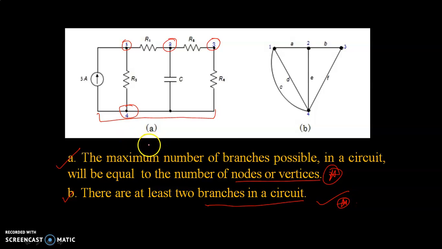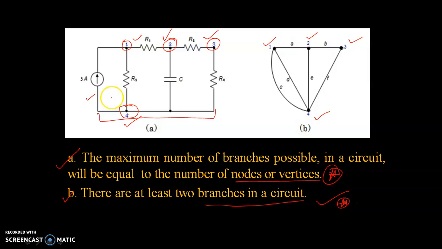What are we going to do? We are going to put node 1, node 2, node 3, and reference node 4. From node 4 to node 1, there are two branches connected.